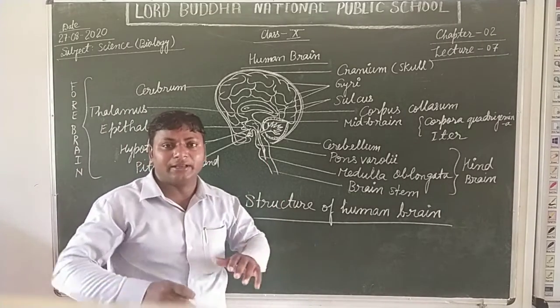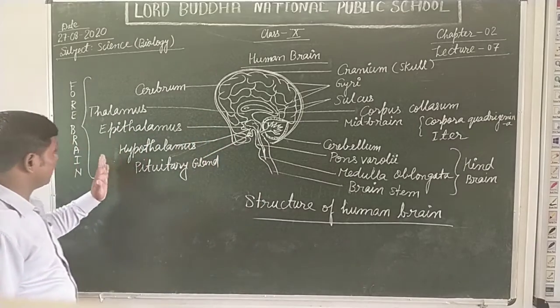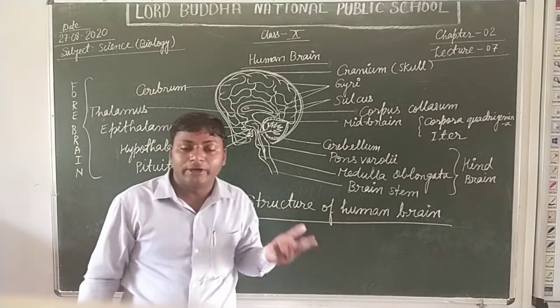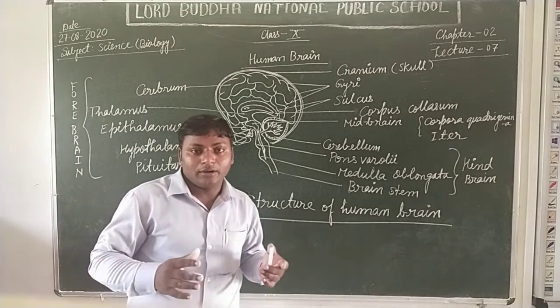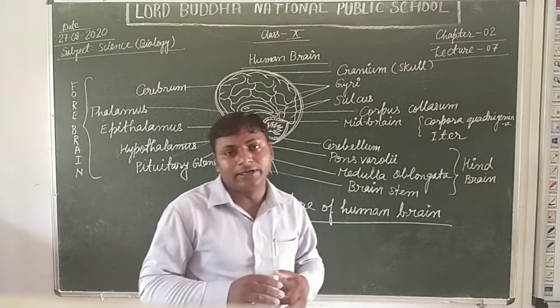This is the most peculiar part of our forebrain, because it helps in control and coordination of various types of reflexes as well as voluntary and involuntary functions.